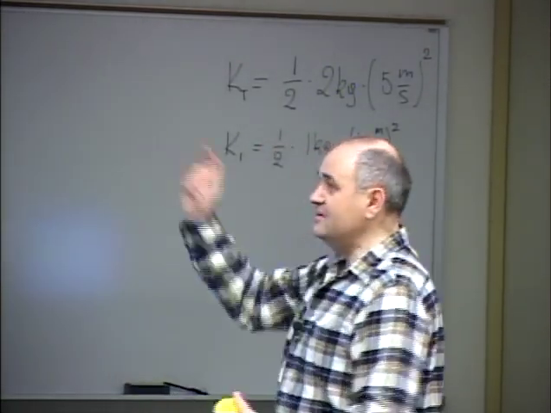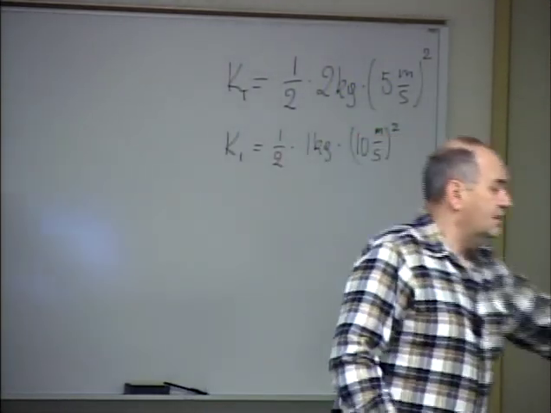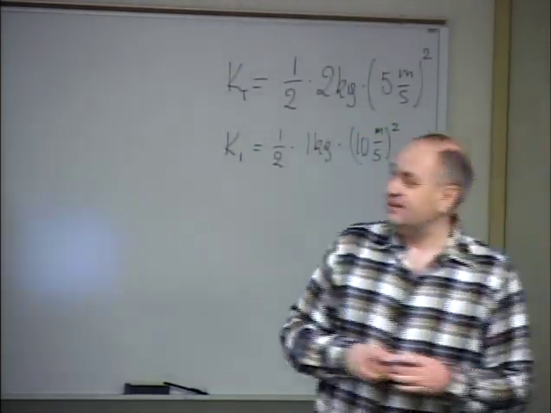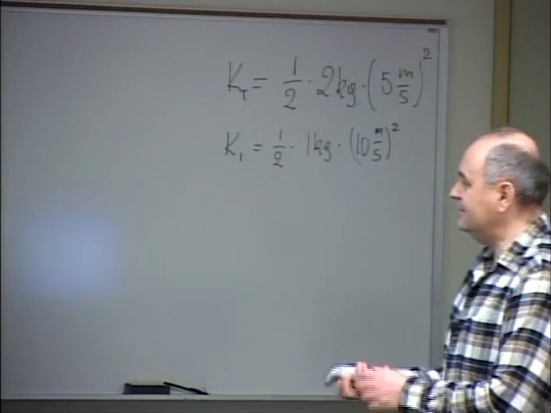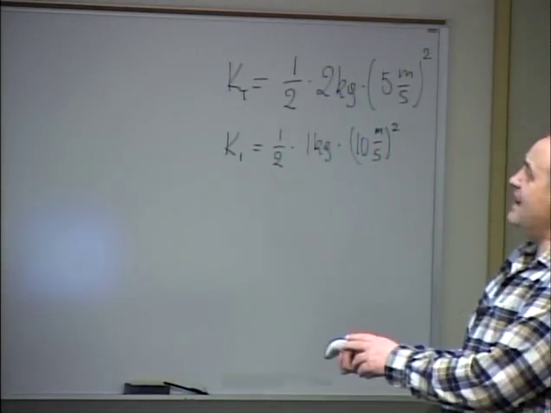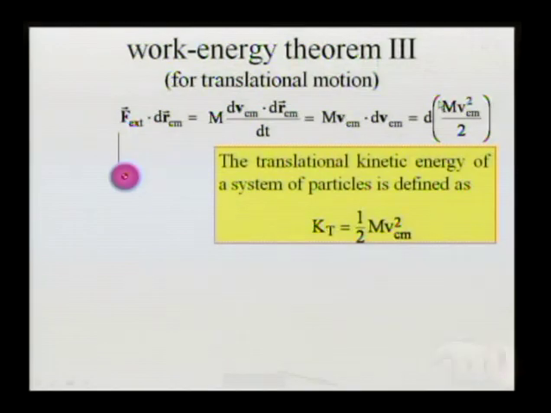Correct. Now here we're talking about translational kinetic energy, and we found out that the change in translational kinetic energy is equal to net force exerted on the object multiplied by the displacement of the center of mass of the object.